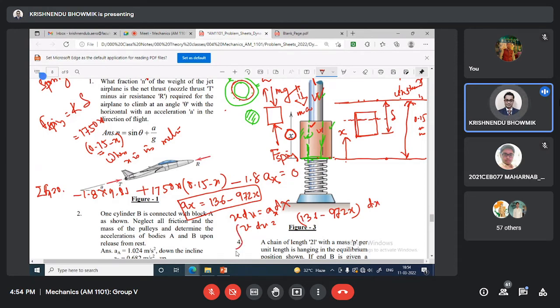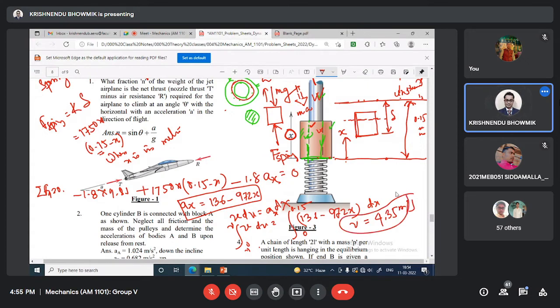This integration is from 0 to v, and x was initially 0, finally 0.15. Then you will get velocity 4.35 meter per second.